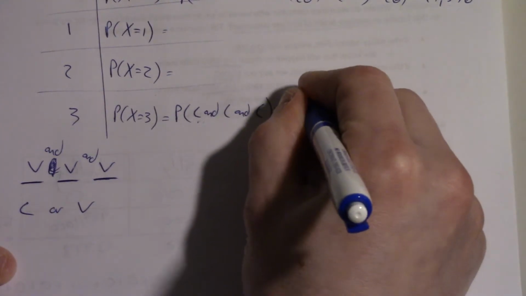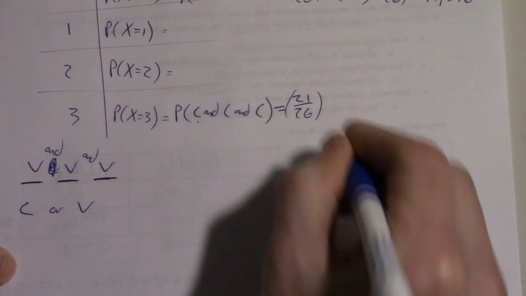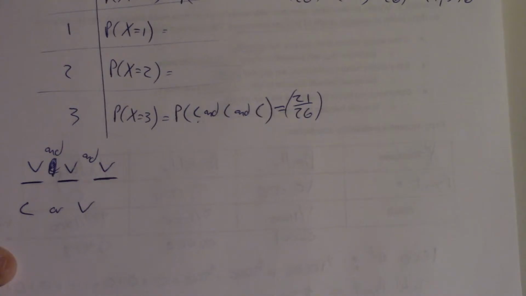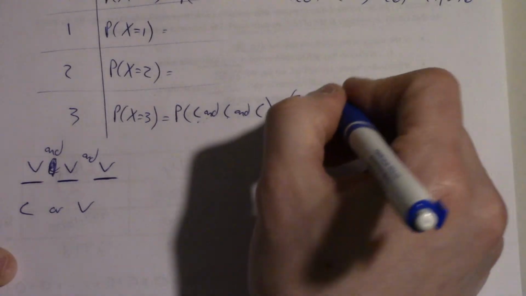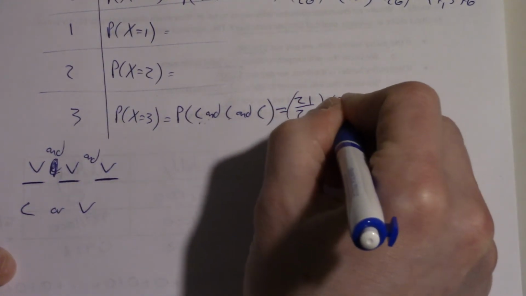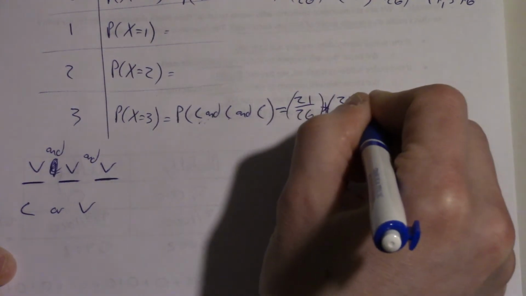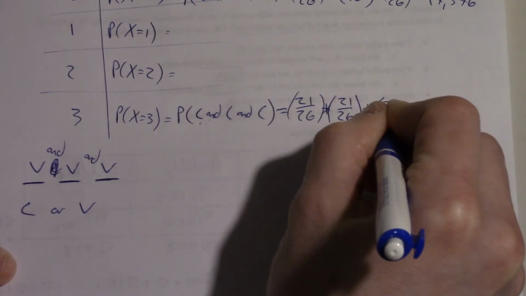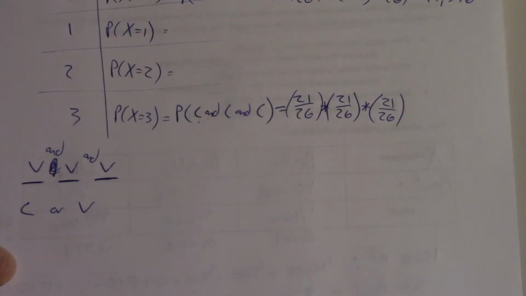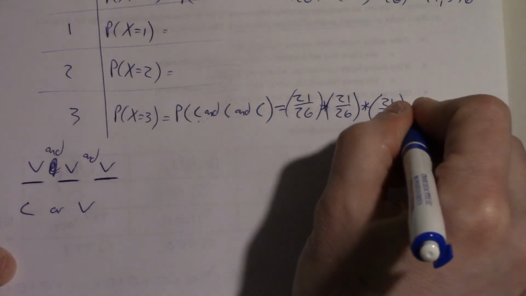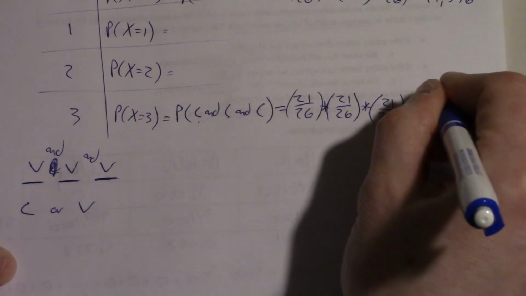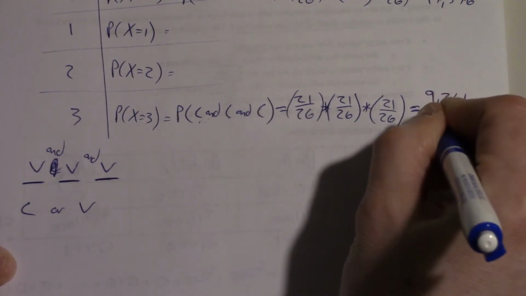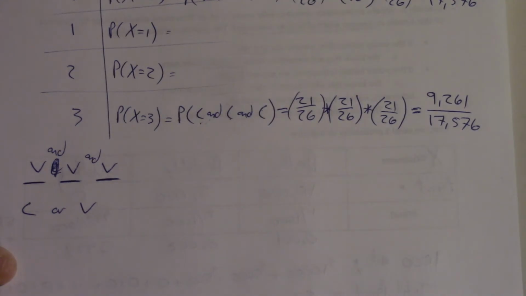Well, there are 21 of those out of the 26 letters. Put it back, shake up the hat, and what's the chance that the second one is also a consonant? Well, it's still the same. And these are being multiplied. And the same goes for the third slip. They're all 21 out of 26. So when you multiply that out, what you end up with is 9,261 out of the 17,576.